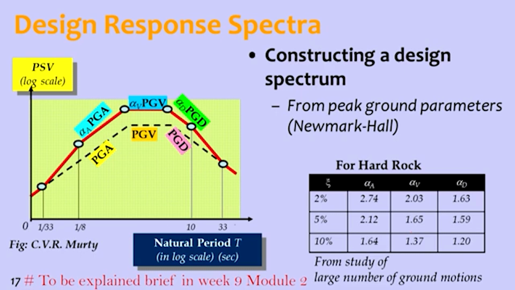Natural period is on the x-axis and pseudospectral velocity, PSV, on the y-axis. The control points are given at 1/33 seconds, 1/8 seconds, 10 seconds and 33 seconds, and the middle point is achieved by the trial and error method. This region is the acceleration sensitive region, this is the velocity sensitive region, and after this is the displacement sensitive region in the design spectrum.